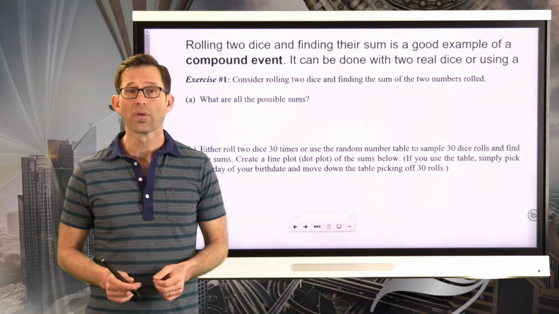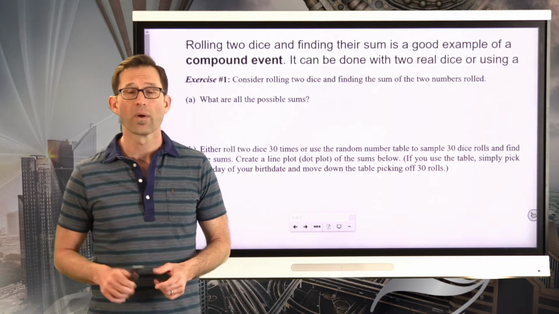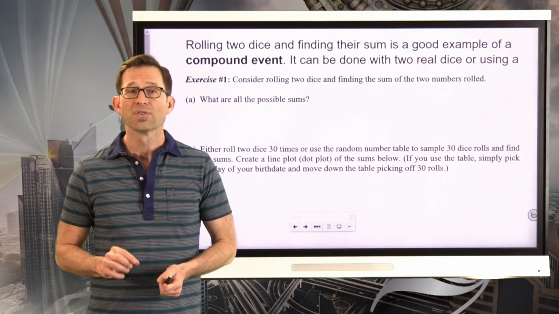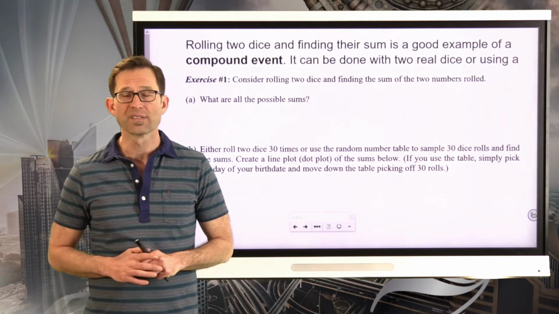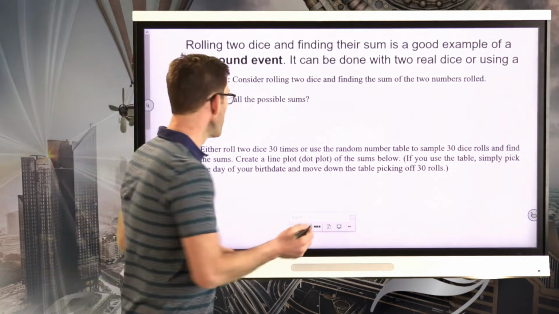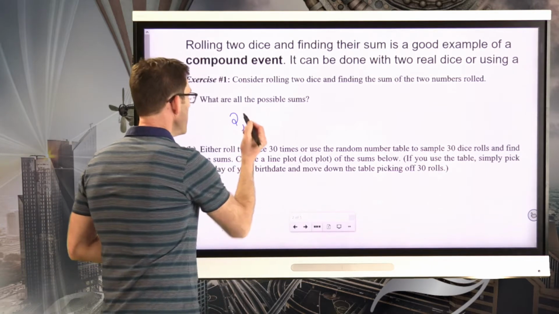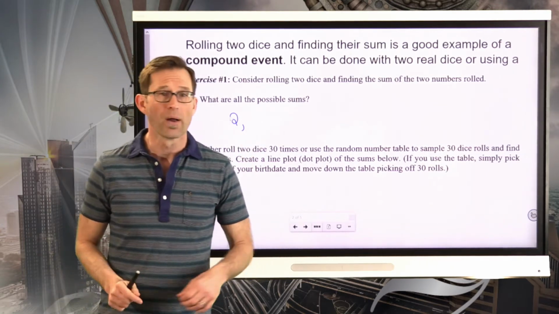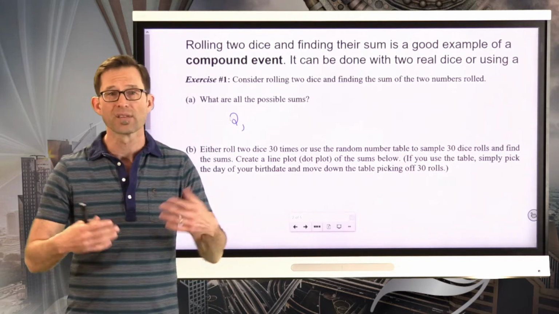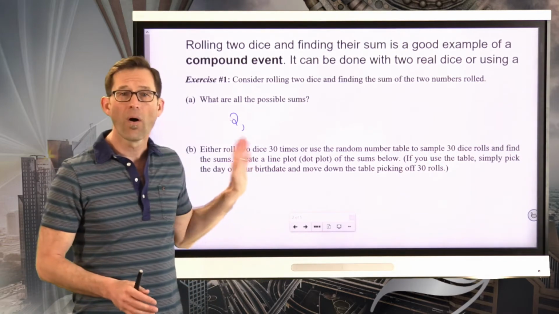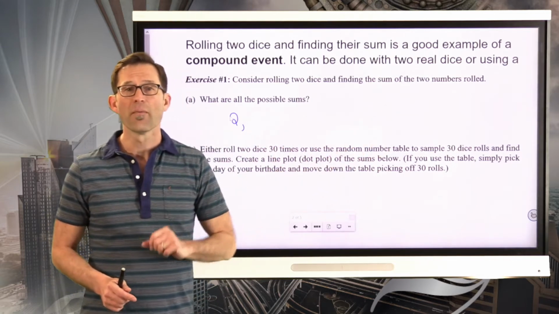Well, the smallest number that I can get on a given die when I roll it is the number 1. So the smallest sum I could get is if I rolled a 1 on the first die and a 1 on the second die, and when I added them together, I'd get a sum of 2. Obviously I can get a sum of 3 by rolling a 2 on one and a 1 on the other, a sum of 4, etc. In fact, I can get all these sums up to the maximum sum.